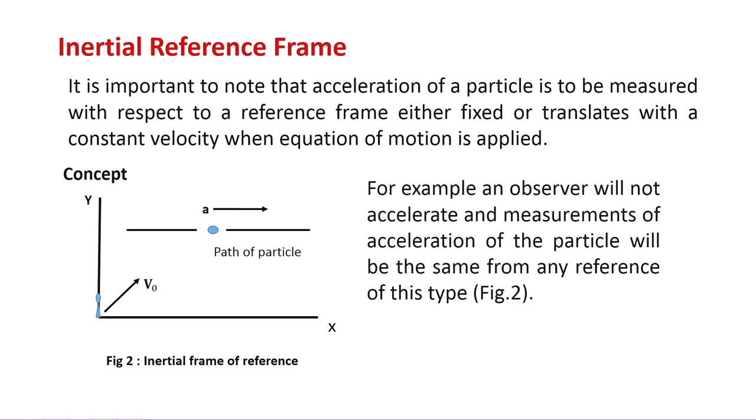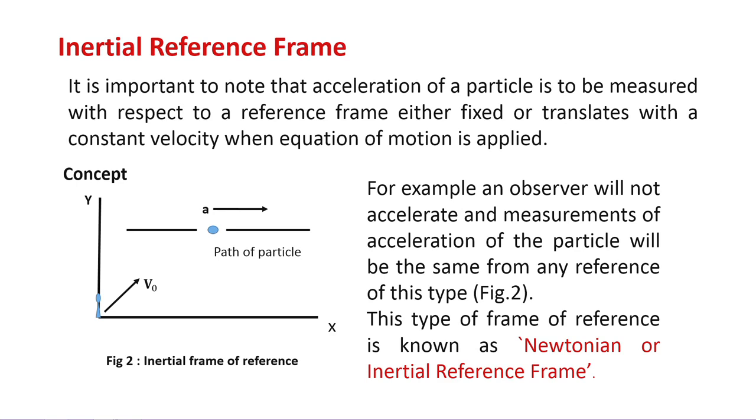An observer who does not accelerate will measure the same acceleration of the particle from any reference frame of this type. This figure 2 shows that concept. This type of frame of reference is known as a Newtonian or inertial reference frame.